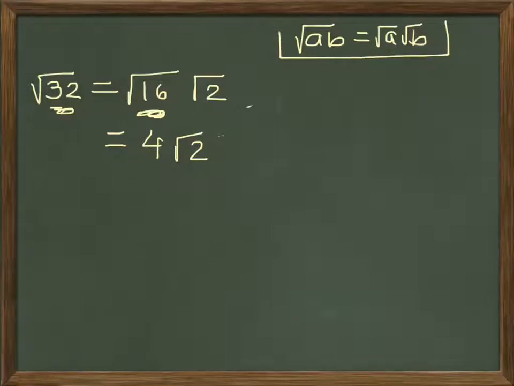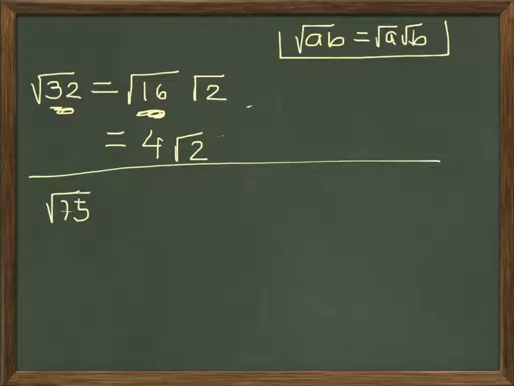So let's do another one. How about the root of 75, for example? This is not a perfect square, but if you scan through your squares mentally, this is 3 times 25, and 25 is a perfect square. So we break this one up like root of 25, root of 3.